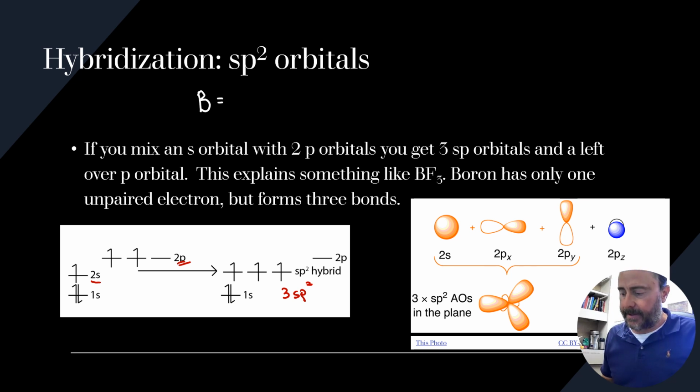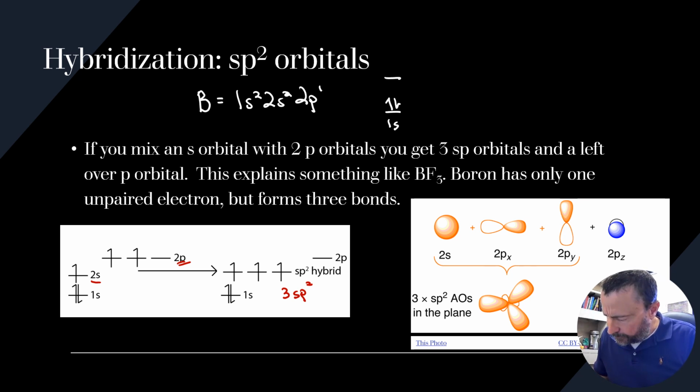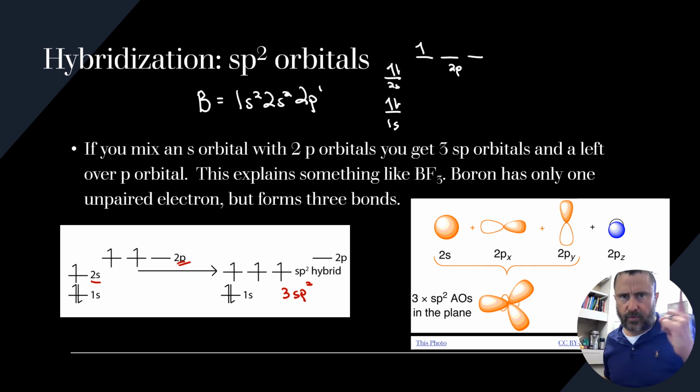again, has the electron configuration. Boron is in group 13, and it has the electron configuration of 1s2, 2s2, 2p1. You would expect that it would form one bond, because it has one unpaired electron, and yet it forms three.